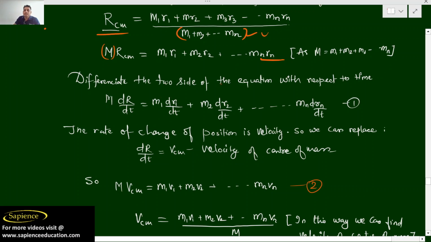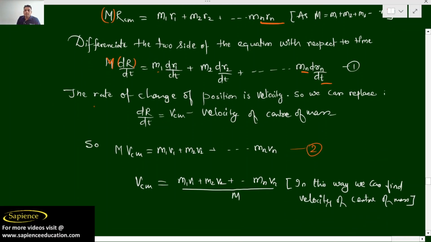If I differentiate with respect to t, as M is constant, we get M dR by dt equals M1 dR1 by dt plus M2 dR2 by dt plus dot Mn dRn by dt. Now the rate of change of position is velocity. We know that velocity is dR by dt.